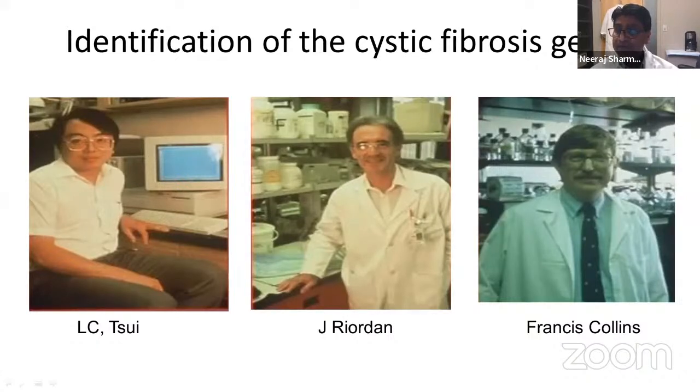And on the far right is Francis Collins, a medical geneticist at that time working at the University of Michigan, who just last month retired as director of NIH and is now reappointed as science advisor to the President of the United States. Here all three are males, but in the journal Science, where three consecutive papers came out, the first authors are women, Bat-Sheva Kerem and Johanna Rommens. It is very important for us as a scientific community to respect diversity and inclusion in science, and women play a great role in that.